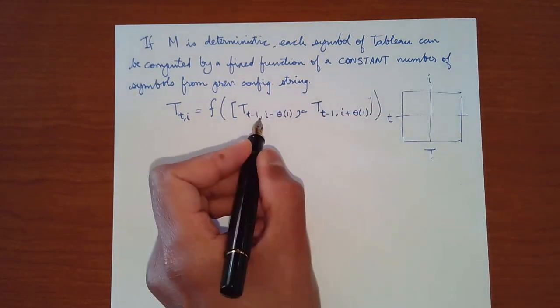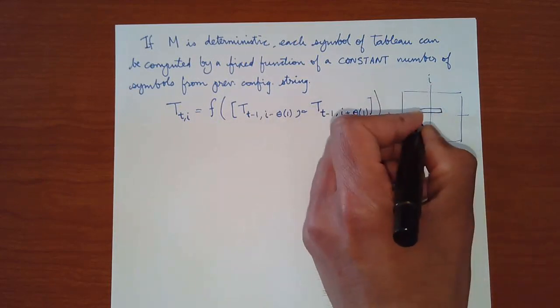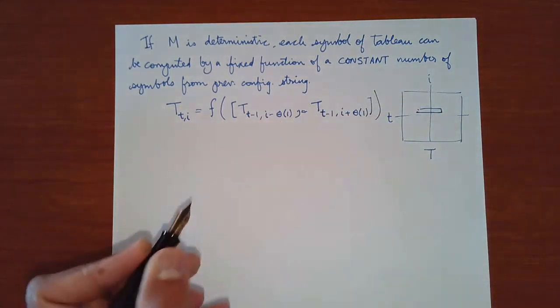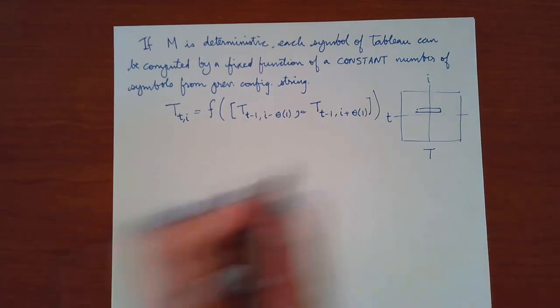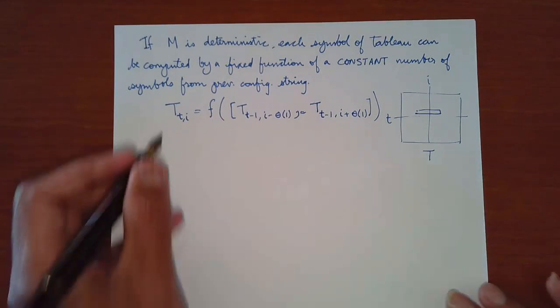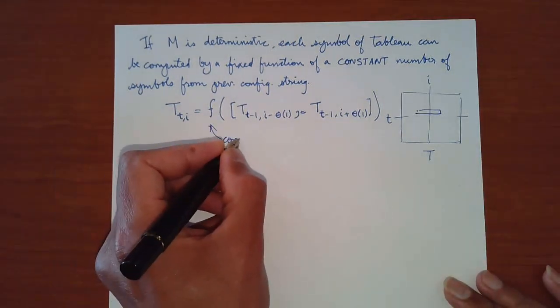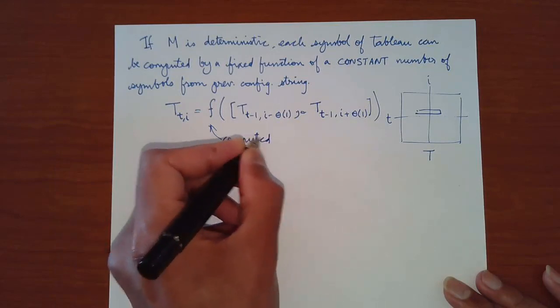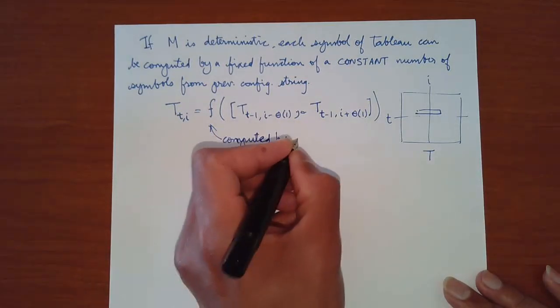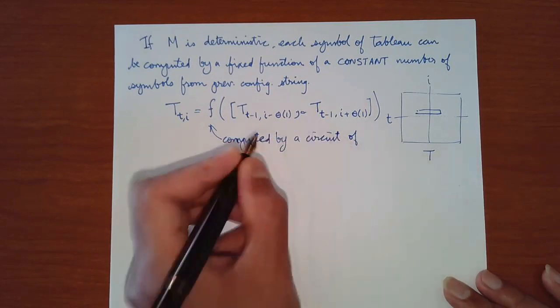Right, so I'm looking at this as an interval. And I say plus or minus theta of 1 because of the binary encoding, so you need to look at a few symbols to the left and a few symbols to the right. Now, this can be computed by a circuit of O of one size.